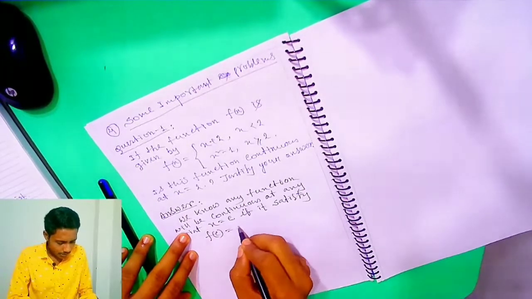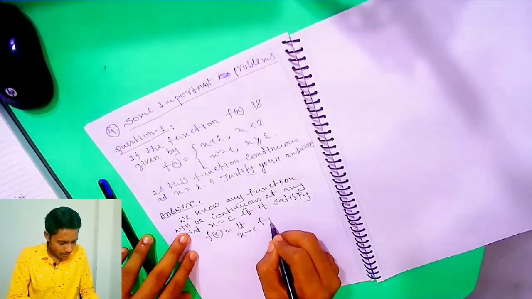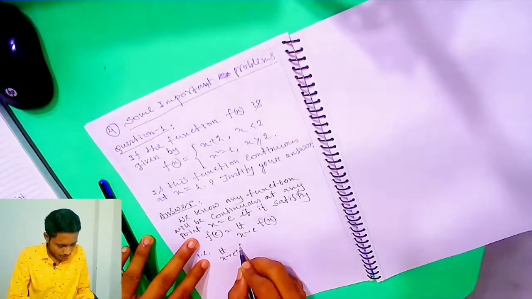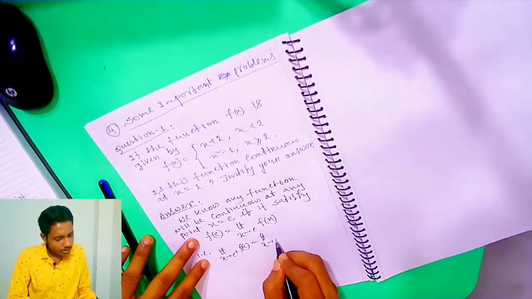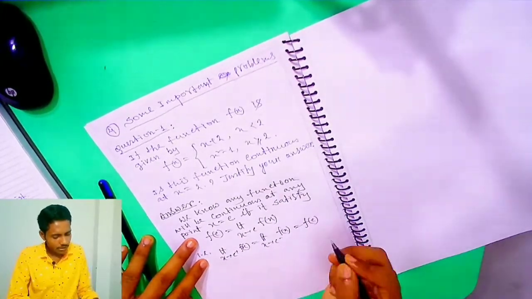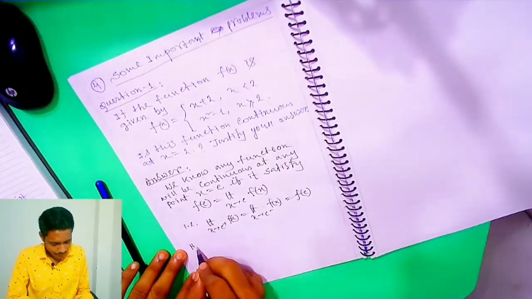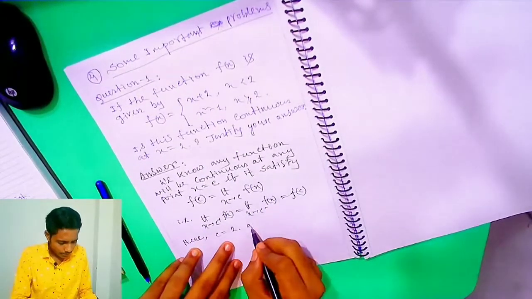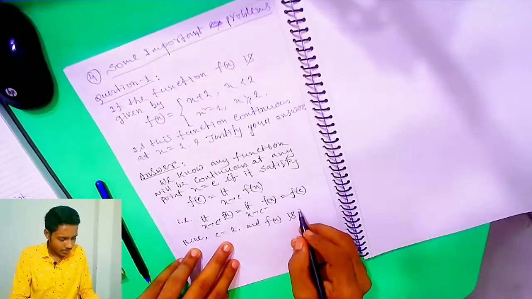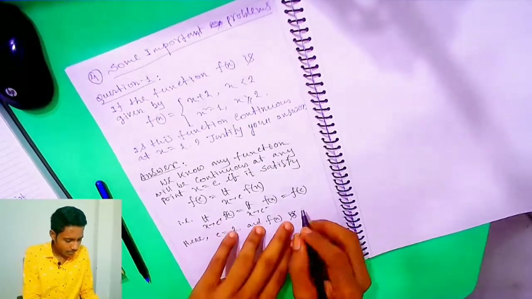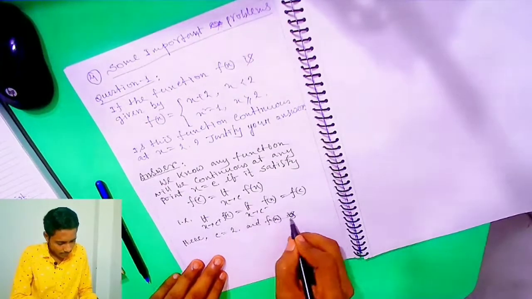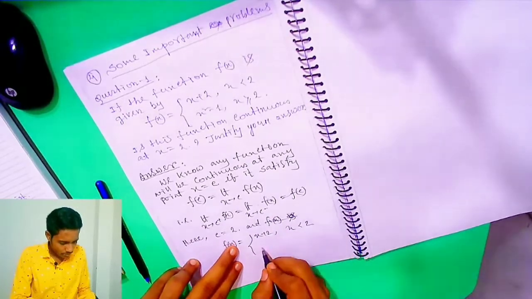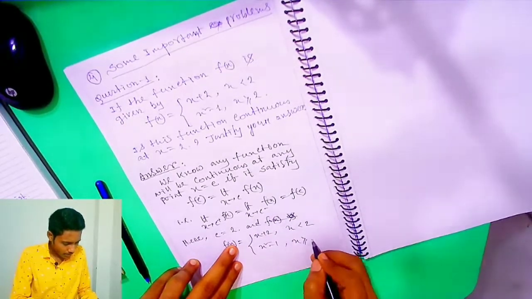F of c is equal to limit x tends to c f of x, that is limit x tends to c plus f(x) is equal to limit x tends to c minus f(x) is equal to f of c, right? Here c is equal to 2 and f(x) is x plus 2, x less than 2, x square minus 1, x greater than or equal to 2.